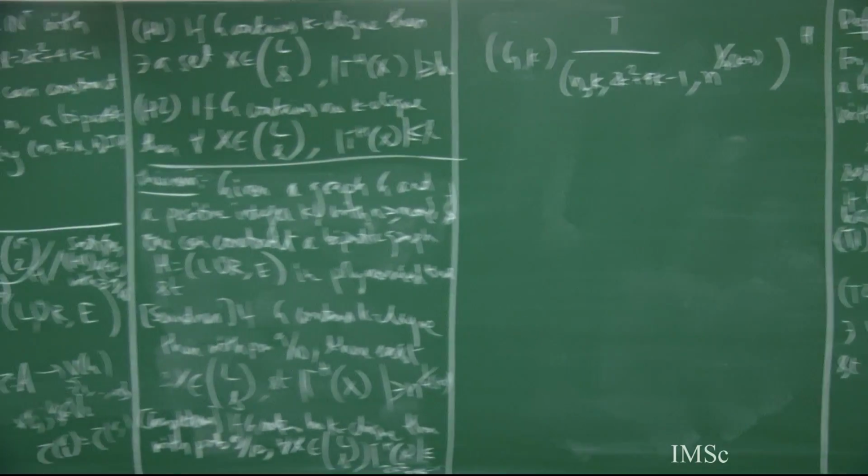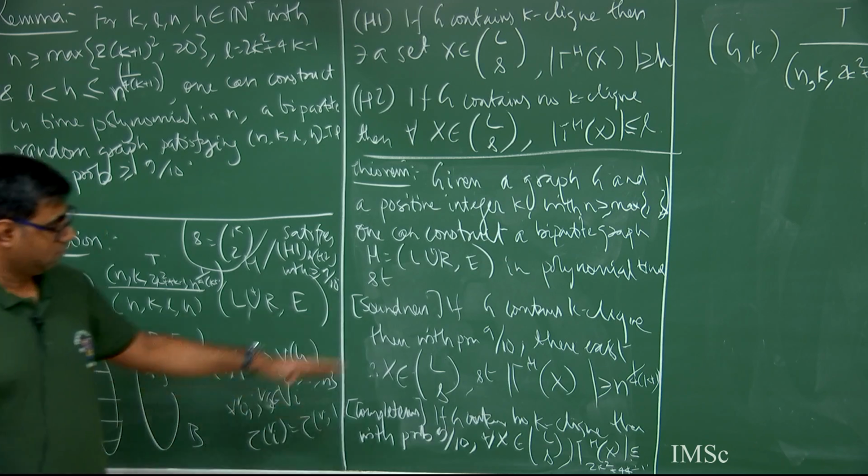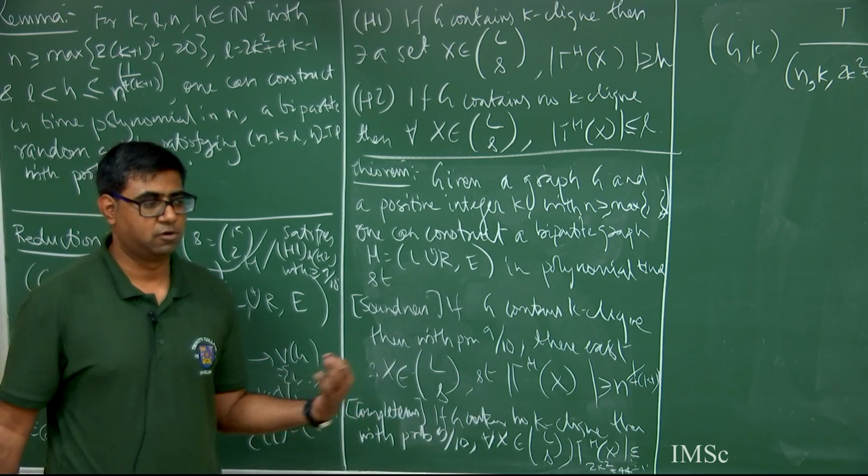Just one thing: for the soundness, are the probabilities both exactly 9/10? Yes, we will see how it comes. We can fail in both cases. I will give you a graph which satisfies both with probability at least 9/10, and hence both soundness and completeness will happen with probability at least 9/10.